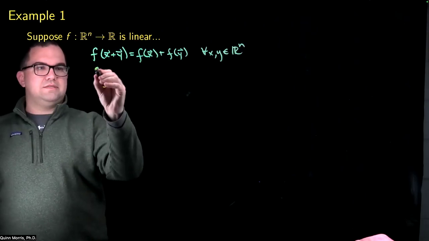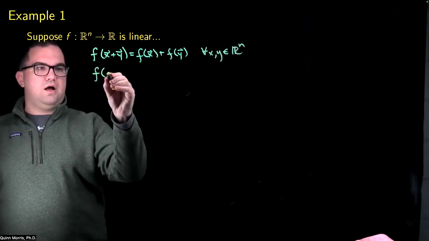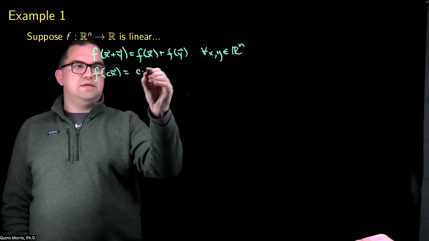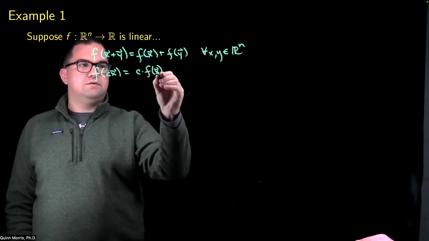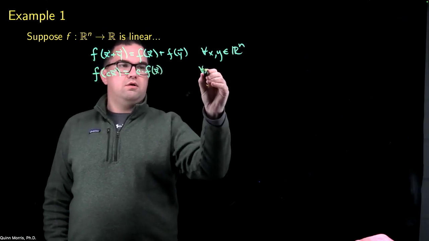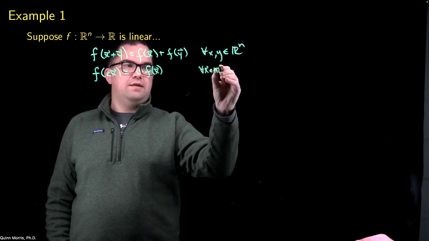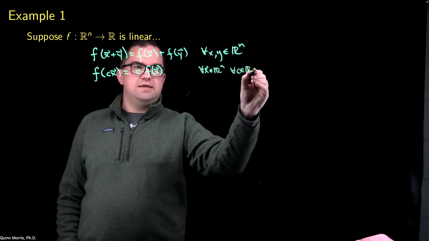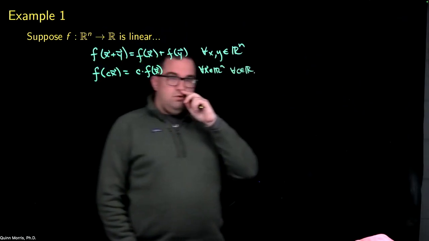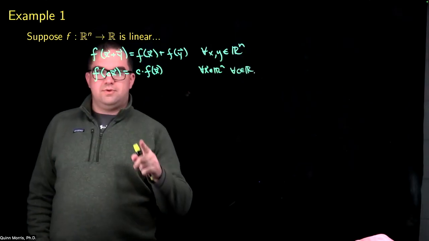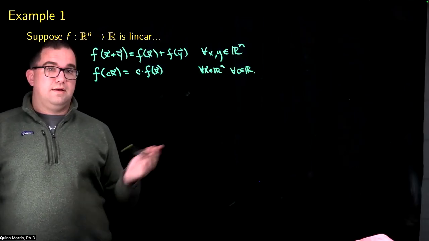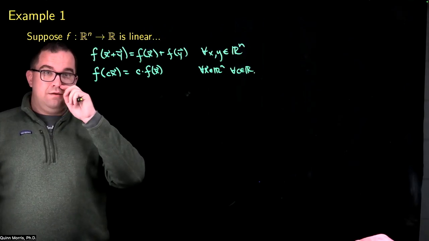And it also means that f of any constant times x is equal to c times f of x for all x in Rn and for all constants c. So assuming we're dealing with a function of this type, what could we say?